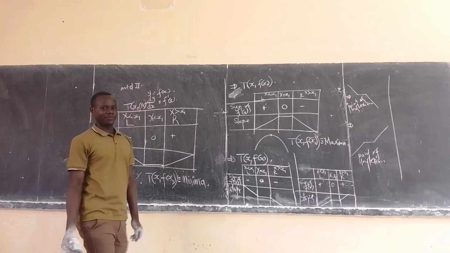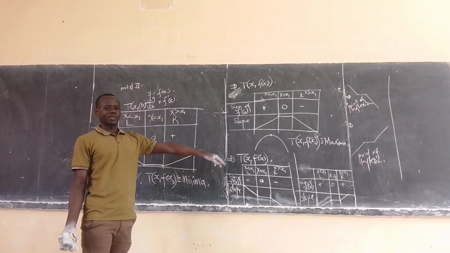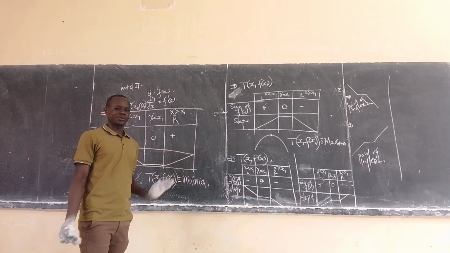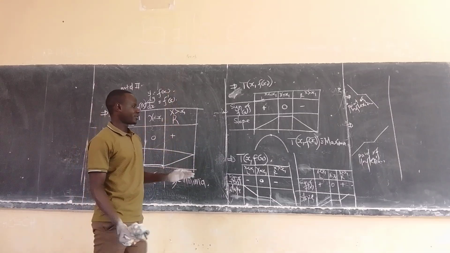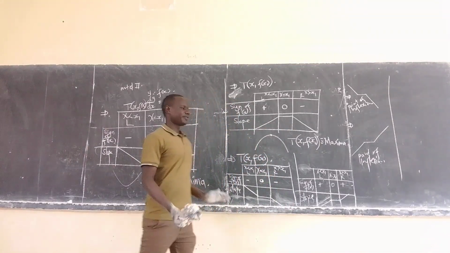So if you realize that you have checked and the second derivative is a 0, then you try to pick values on the left and on the right to check how your graph will move. If it is to move like this, then you will move like that.